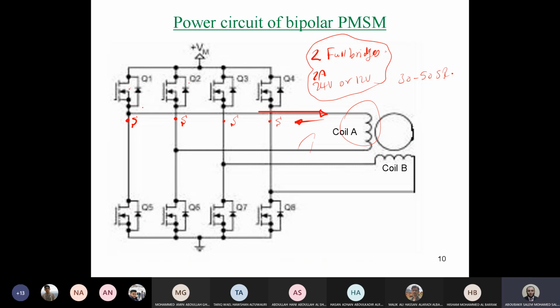So you cannot connect all of these switches to the same ground of the DC supply of pulses. I mean, for the control circuit, for the driver circuit, you cannot use the same ground.